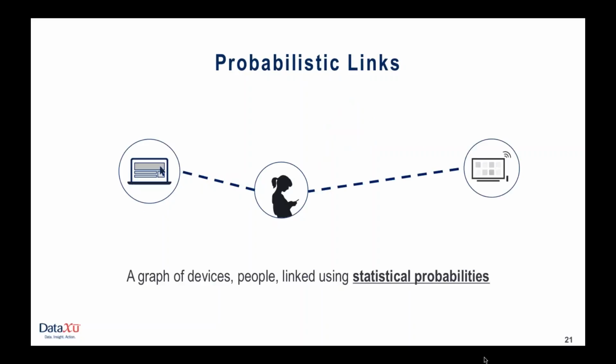A second way is to use probabilistic data. Developing these links is more of a statistical approach that looks at data and creates some sort of predictive model about the relationship between devices. So it's no longer given or deterministic like login data is, and instead relies on looking at patterns to determine if two devices belong to the same person. A common example of this is tracking the IP address of two devices.